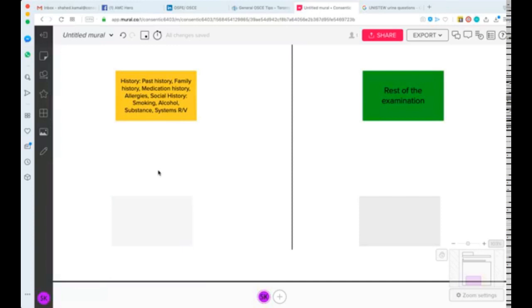You can do a bit of systems review. If you have good speed, if you finish quickly, you can spend some time to think. If I finish a station early, I say, thank you for answering those questions. Give me a moment, I'm just trying to think what else I need to ask you. And then I usually don't stay quiet. What I do is I summarize it. So these are two skills. What I say is, give me a moment, I just want to make sure I have not missed anything.